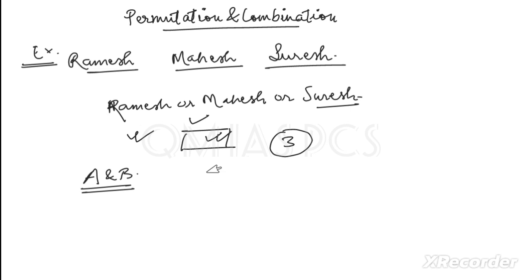Row means this is the first chair, this is the second chair, this type of arrangement. So what are the possible ways? A can be seated in this place and then B can be seated in this place. This is one possibility. Another possibility is B can be seated in this place and A in this place.